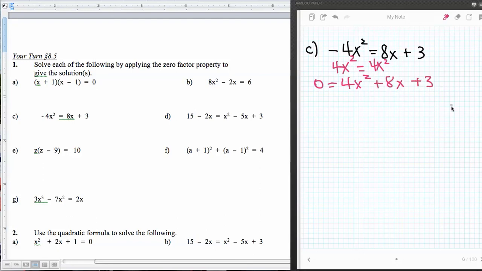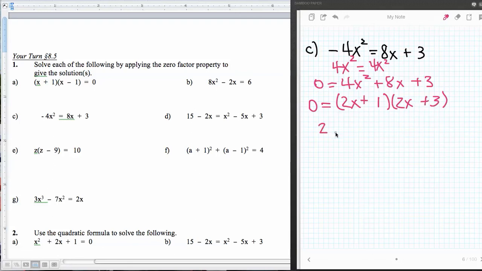And then I'm going to want the factors of 12, 3 times 4, that give me a sum of 8. That would be 2 and 6. And so I'm going to want 4 factored as 2x and 2x to accomplish that one with the factors of 3. And put a 3 in here and a 1 out here. There's my 6 and there's my 1. And those are both going to be positive.